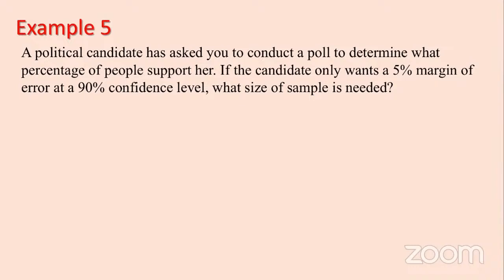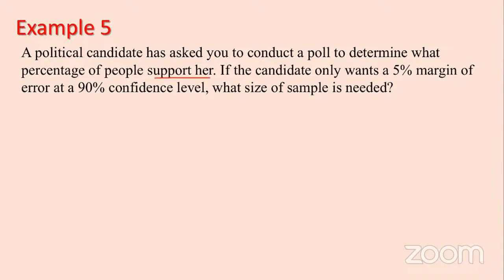Make sense? So same thing here. So here our proportion P hat must be at least 51%. So that is very, very important. So here the candidate asks to conduct a poll to see what percent of the people support her.